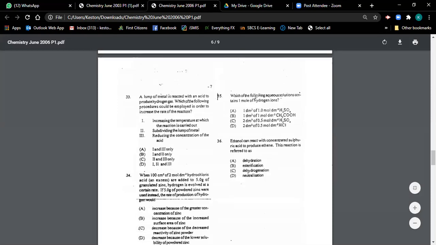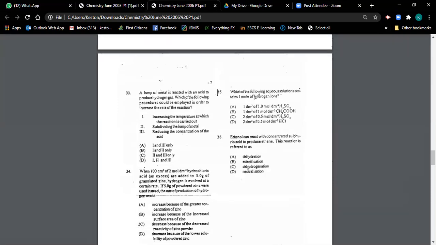Question 33: a lump of metal reacted with an acid to produce hydrogen gas. Which of the following procedures could be employed in order to increase the rate of reaction? How can we increase the rate of reaction?